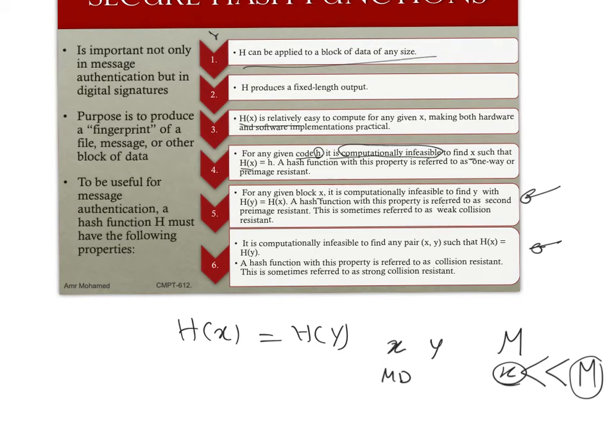Does that exist? It does, but I'm just trying to make it as hard as possible for you. You can always use brute force attacks to get these two messages. It's just that it's computationally hard. There is a theory called the birthday paradox.